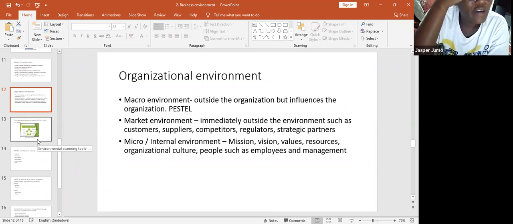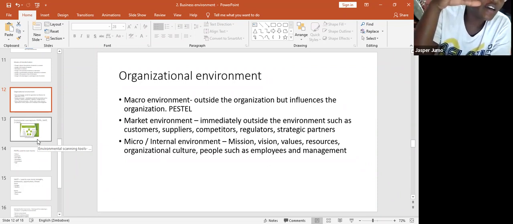And then we have a market environment. This is immediately outside a business, but it affects the business. We are talking of suppliers, customers, competitors. They are outside the business, but they are right there, right nearby.